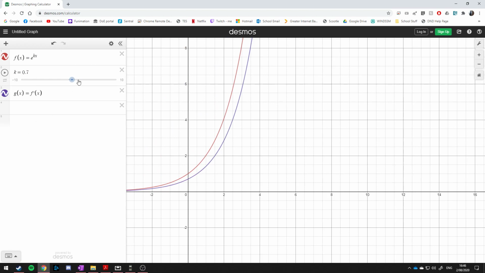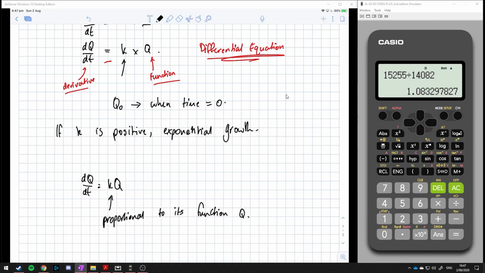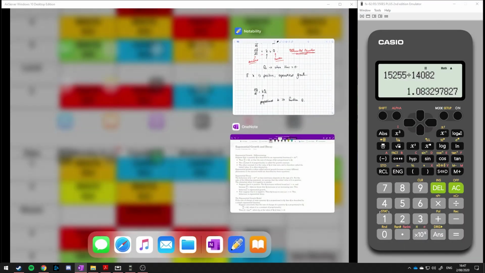So it's the exact same shape, just stronger or weaker depending on what our constant value is. Of course, if it's equal to 1, it's going to give us the same thing. Between 0 and 1, it's a weaker proportion. Above 1, it's bigger values, and the negative is just the complete opposite. So, yes. Okay, let's have a look at an example of this in action.